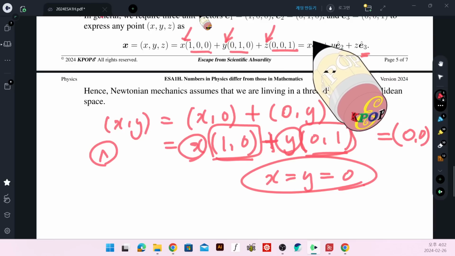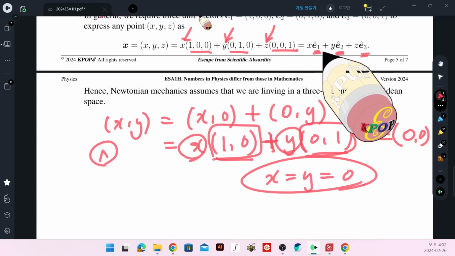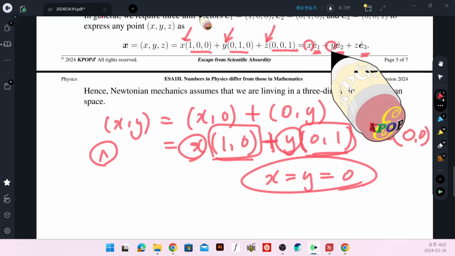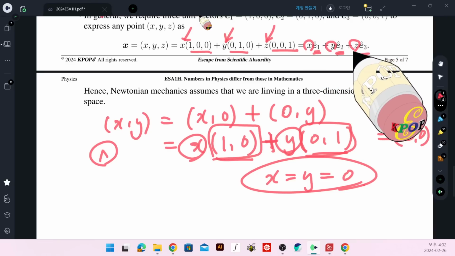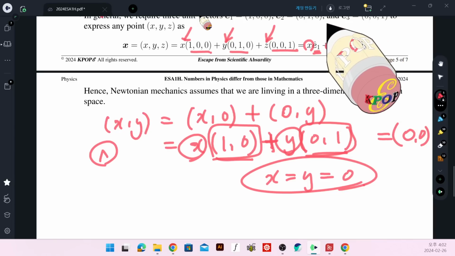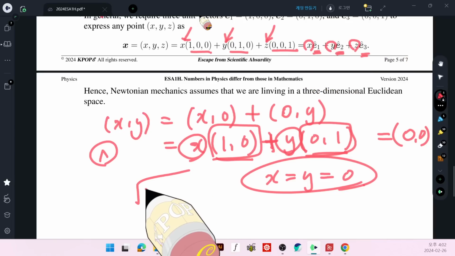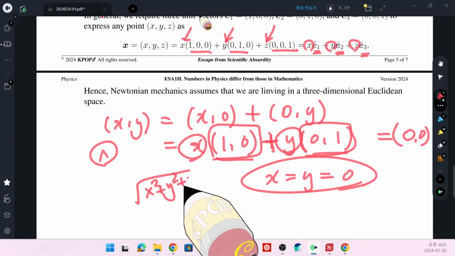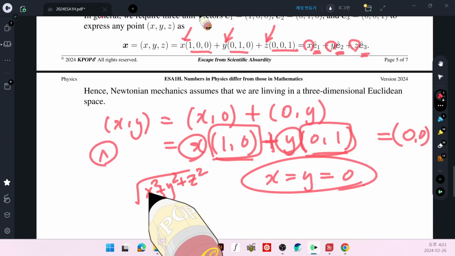It indicates the direction only. The magnitude of the vector is represented by these coefficients. Later we will learn that by applying Pythagoras' theorem twice, the magnitude of this vector will be identified to be the square root of x squared plus y squared plus z squared.